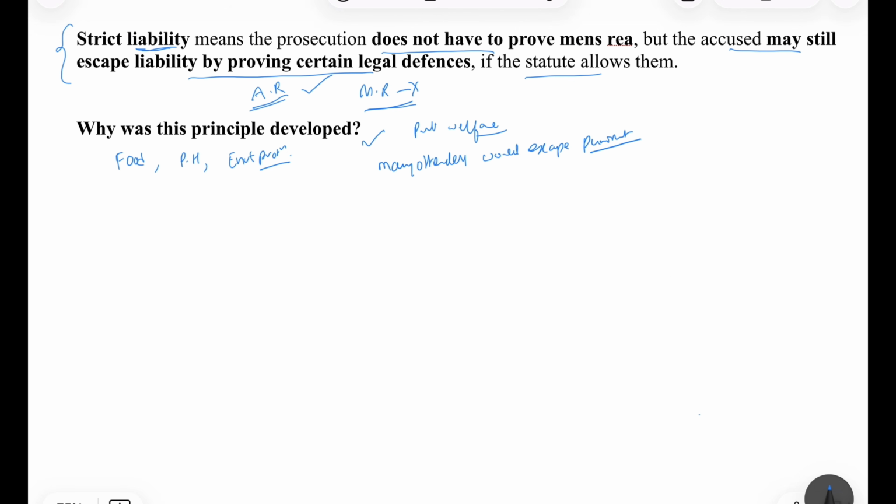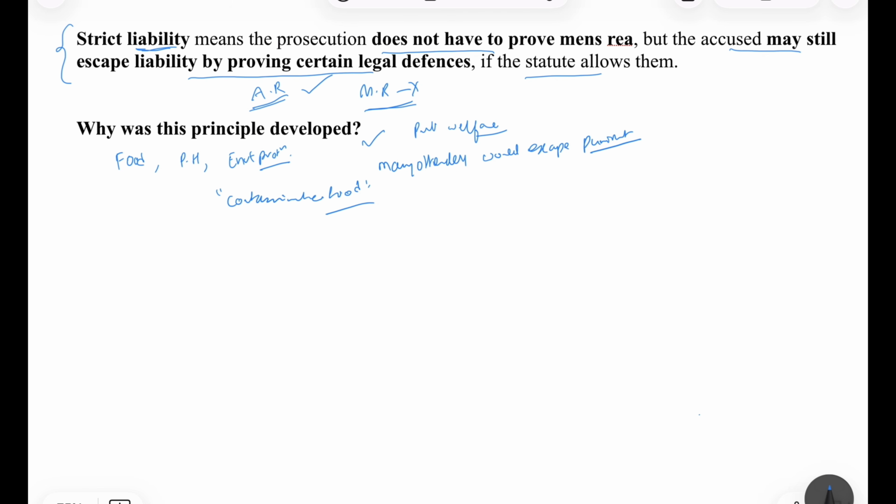In the previous example, I quoted that a restaurant sells contaminated food. If the owner says that I didn't know that the food was contaminated, I said that you have to ask two questions. First, whether the food was sold or served, and whether that food was contaminated or not.